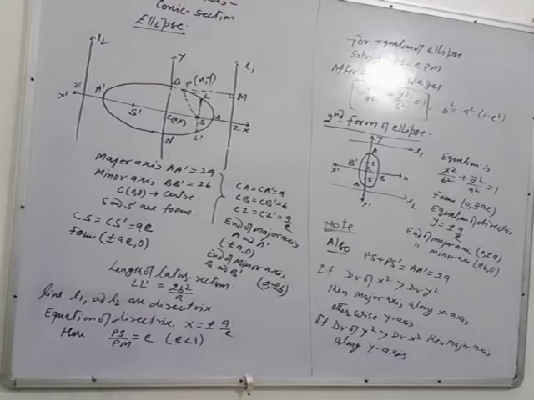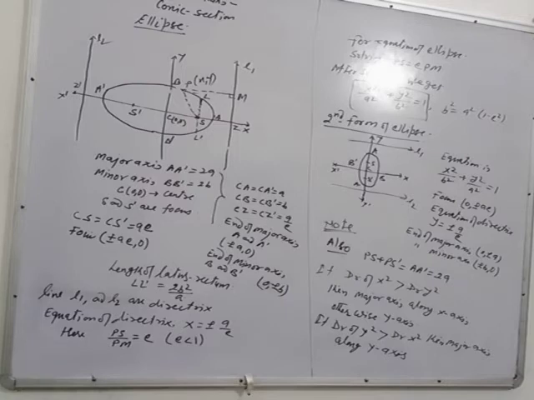a is the semi-major and b is the semi-minor axis. The major axis is along the y-axis and the minor axis along the x-axis in the second figure. The measurements are the same. The foci are on the y-axis, (0, ±ae), two foci. The directrices L1 and L2 intersect the y-axis, and the distance of the directrix from the center is a by e.